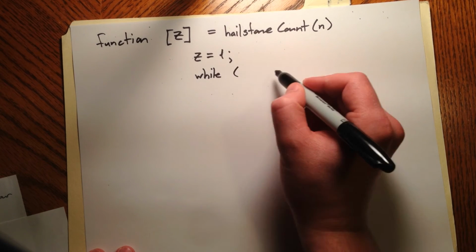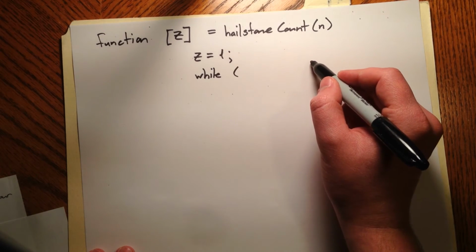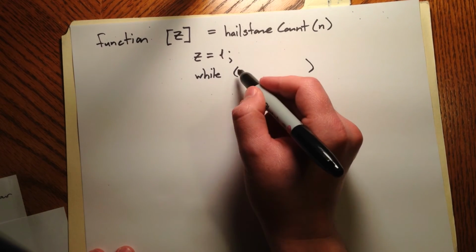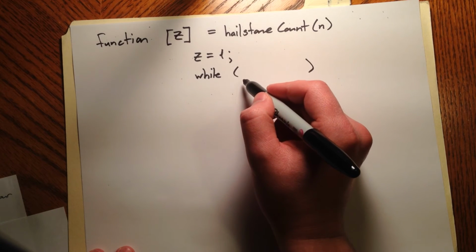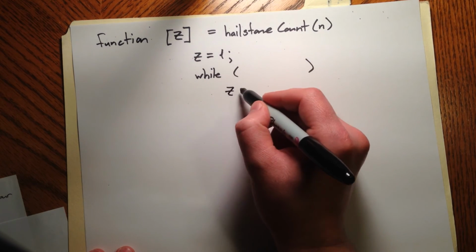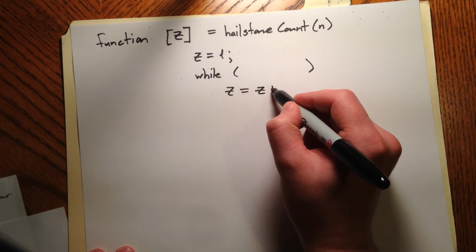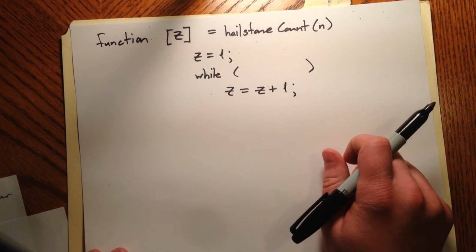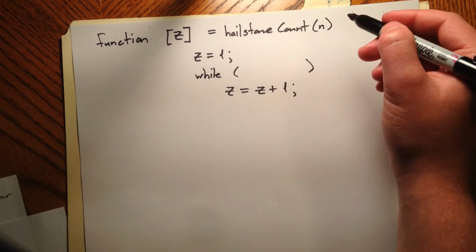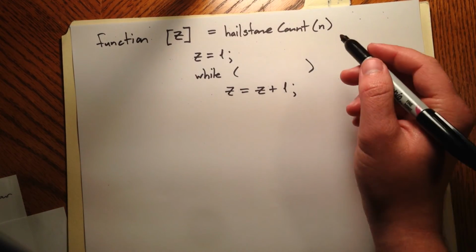We'll figure out the condition for the while in a minute. But all we know is if it enters this while loop, it should iterate and add 1 to it.